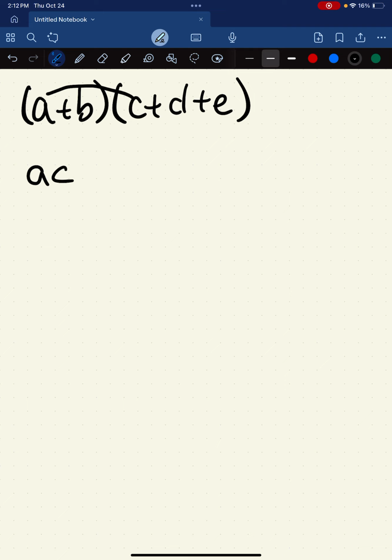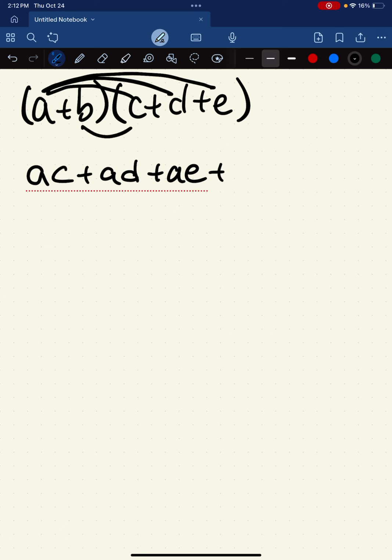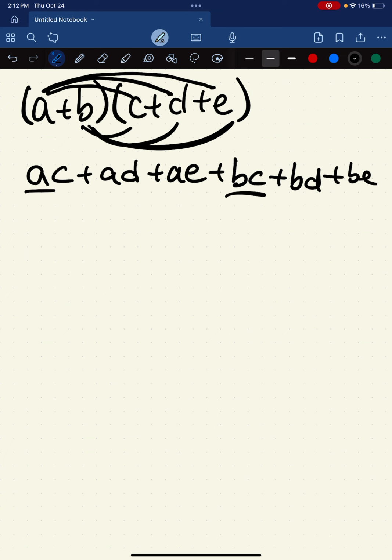What we're going to do is a times c, just like we did before with FOIL, and then a times d, like we did before with FOIL, but this time we're going to extend it one more and say a times e. Then we're going to do the same thing with b. We get bc, bd, be.